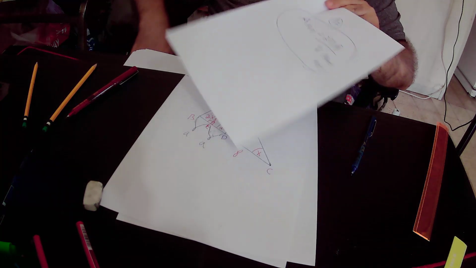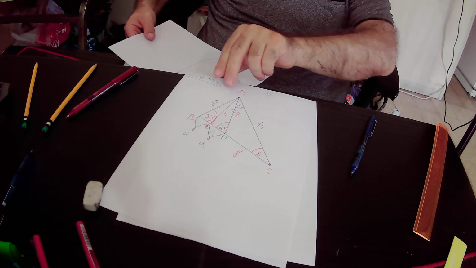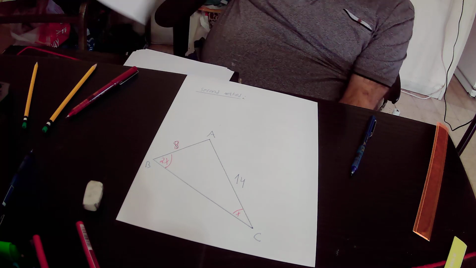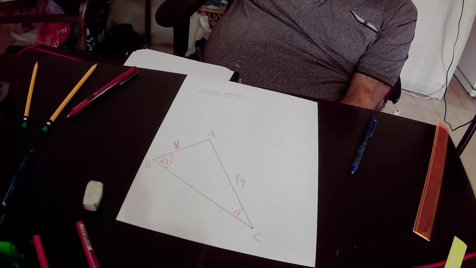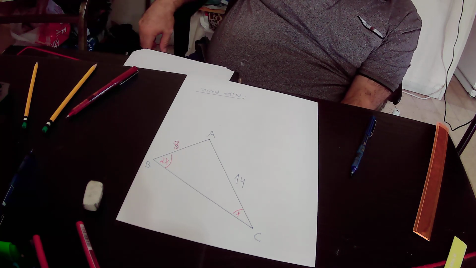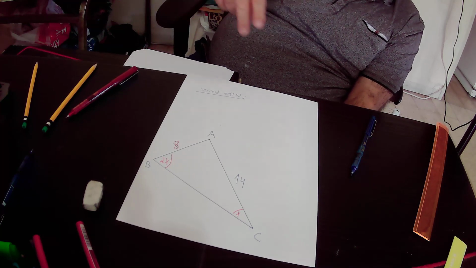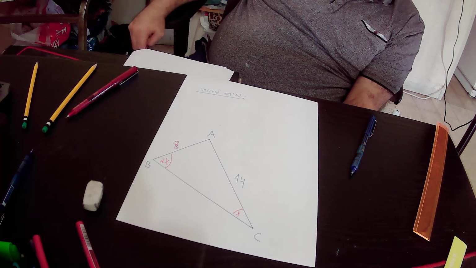Okay? So in the next step, I will present to you a second method to find out the area of this triangle, triangle ABC.